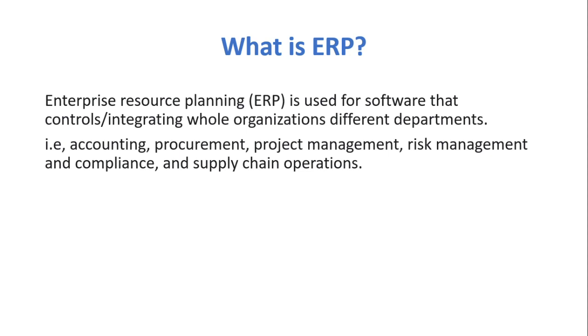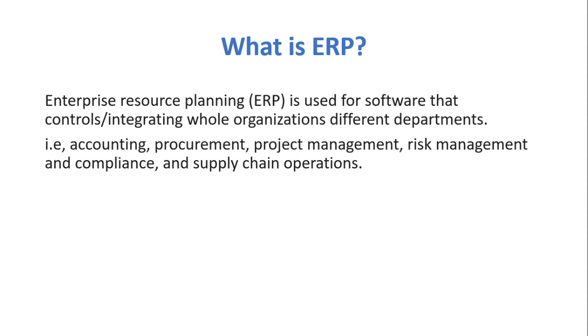Then here we can see what ERP is. ERP means Enterprise Resource Planning. It is used for software that controls or integrates the whole organization's different departments. In a particular company multiple departments will be there. For accounting, there will be a separate department.